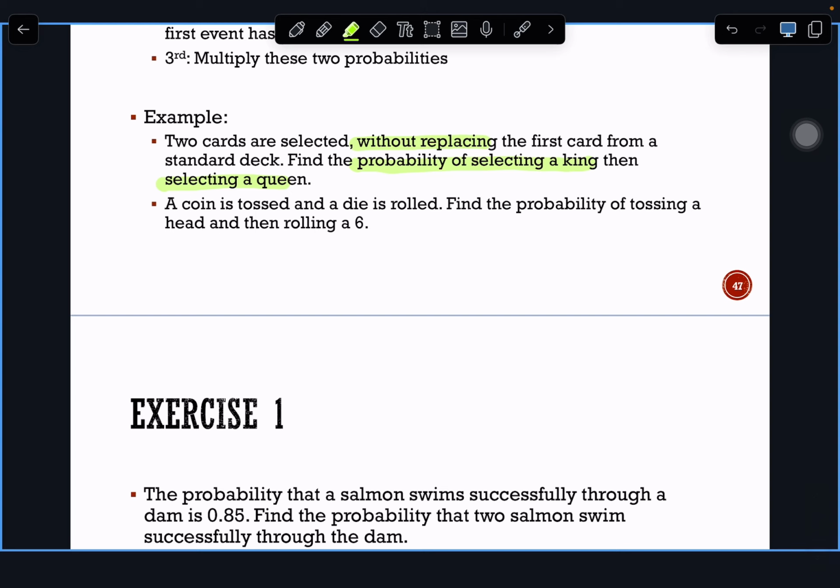And second example. A coin is tossed and a die is rolled. Find the probability of tossing a head and then rolling a 6. So tossing a head, what is the probability? 1 over 2. Rolling a 6 on the die? 1 over 6.